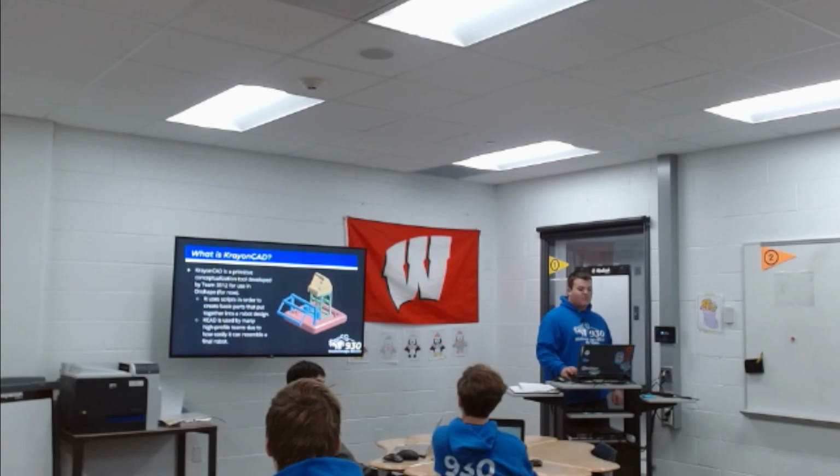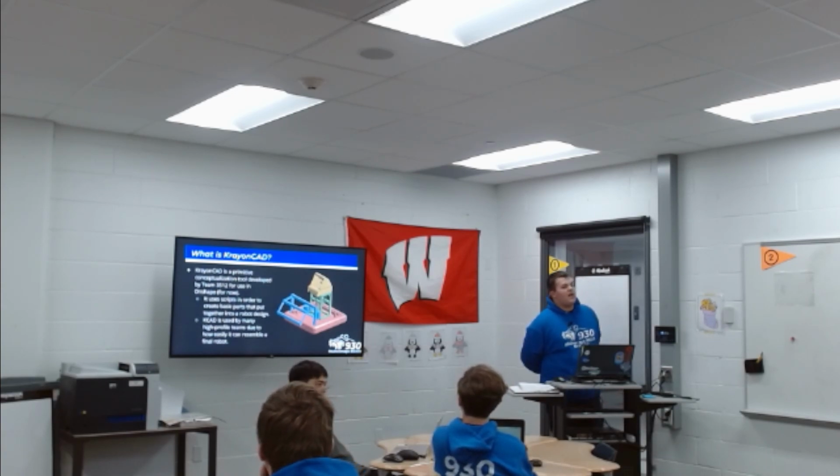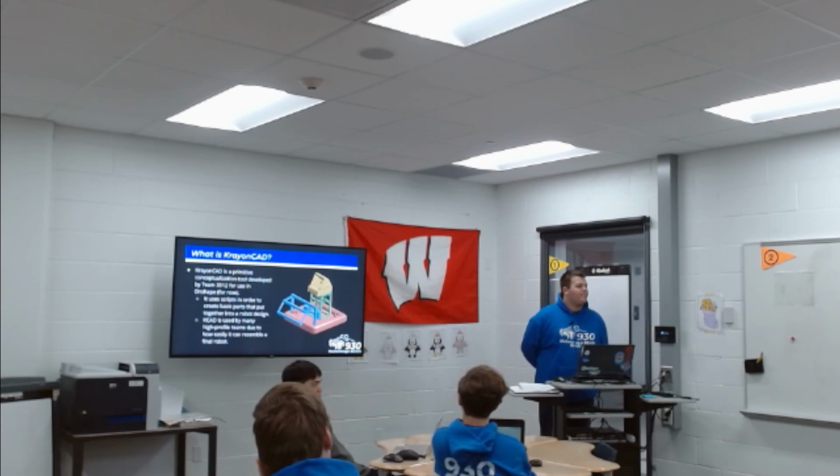KrayonCAD is a primitive conceptualization tool developed by Team 3512 for use in Onshape only for right now, and it uses scripts and other different individual parts that are user-defined via variables, so you can change the dimensions on the different parts and like other selectable stuff.